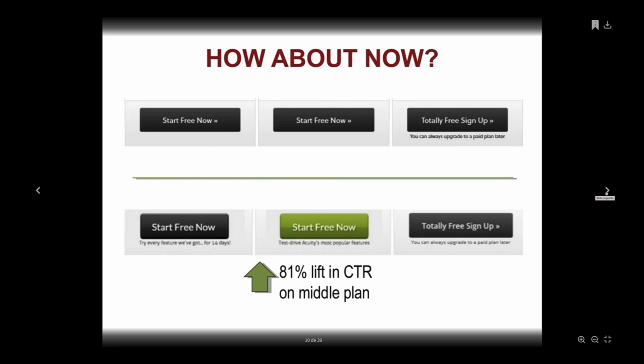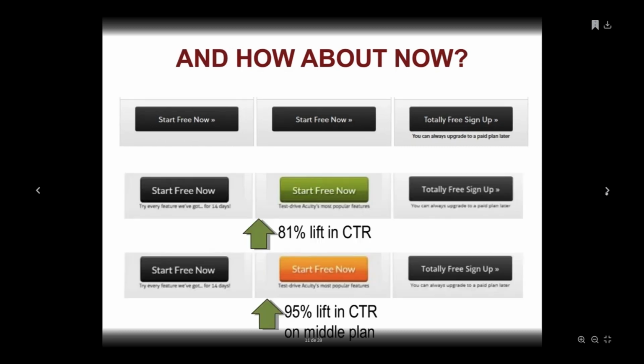Now we took it a little further than that. Green is actually, this is for Acuity Scheduling, this was in their brand at the time at least. So what if we, in really trying to write to attract that lizard brain, did this? We turned that middle button orange, and that brought in a 95% lift on the middle one. And again, the other ones were basically unchanged, except that more people were coming into these ones, so they changed in keeping with that, like down.